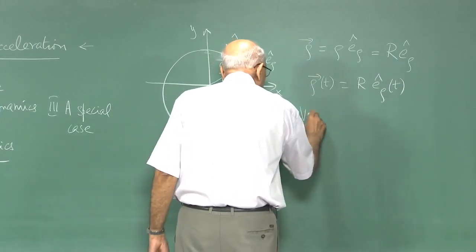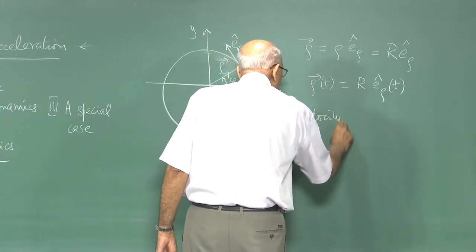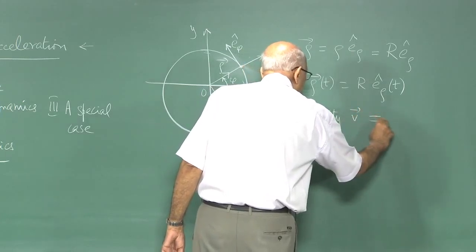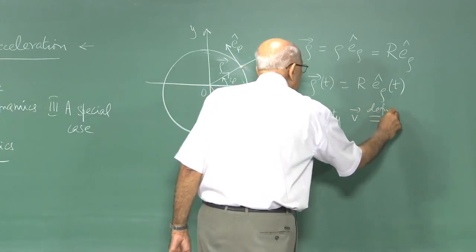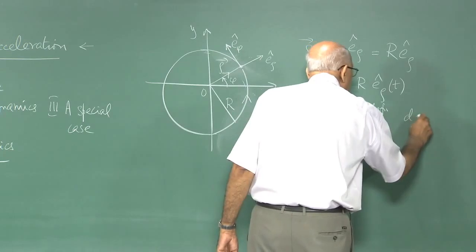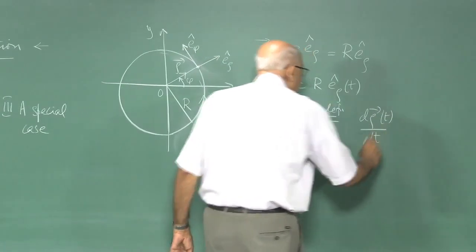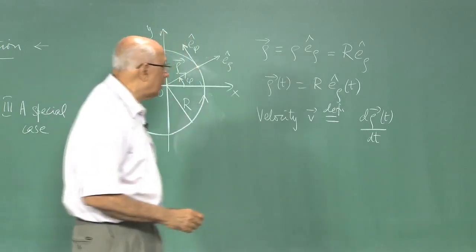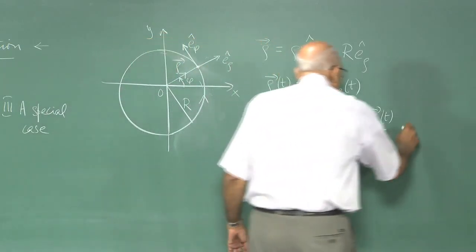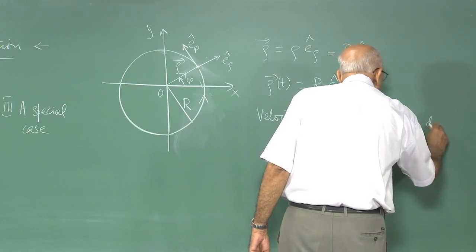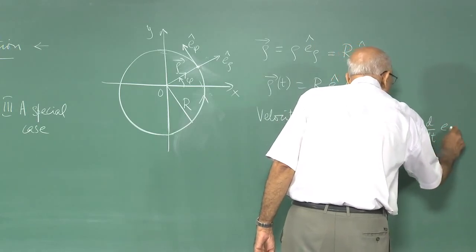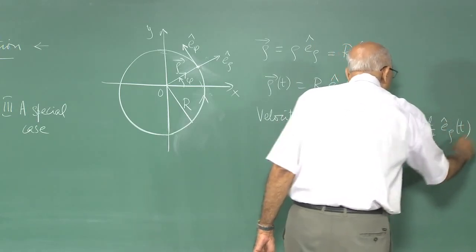Therefore, the velocity of the particle v, which by definition is the rate of change of its position vector, d rho over dt, that is the definition of the instantaneous velocity, must be equal to r times d over dt of E rho of t.